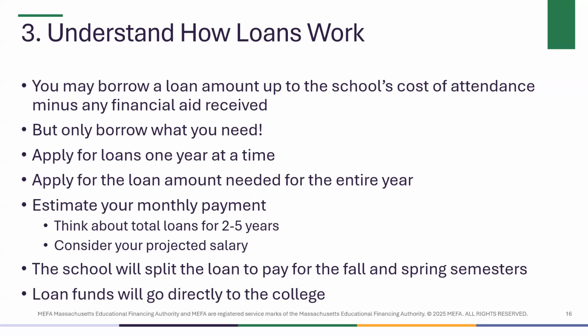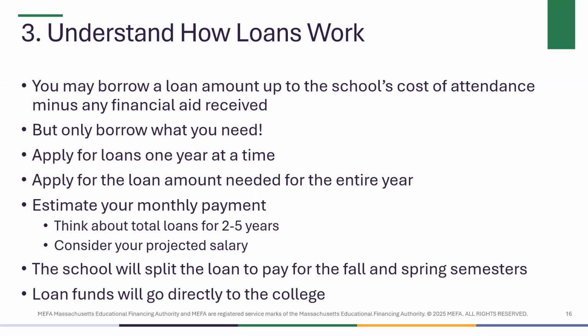But you really only borrow what you need. I really advise families to try and focus on the billed expenses that you owe the school if you do need to borrow, and pay for unbilled expenses such as books and plane fare and things like that out of pocket, maybe through student summer earnings if you can.